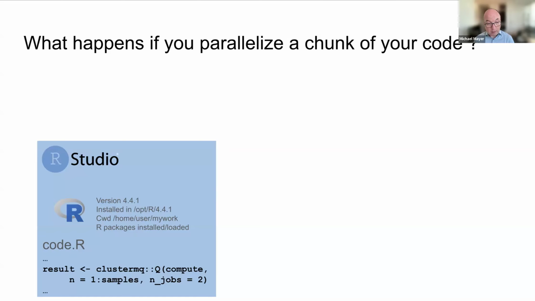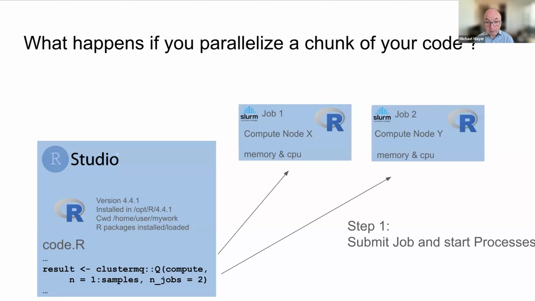Now let's break down in 3 steps what is happening behind the scenes, and that will also help you later to understand what you need to do when you really are engaging with distributed parallel computing. Number 1, whatever this clustermq package is, it will need to submit a job and start a computation, or processes.